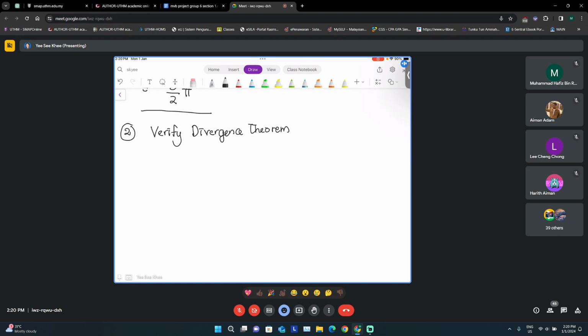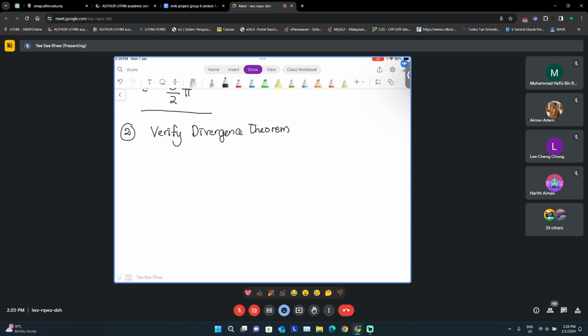Okay, so this divergence theorem is a theorem of formulations for us to calculate the flux coming out from the solid. The difference between this and the surface integral of a vector field is that the divergence theorem focuses on the flux from the solid, whereas the surface integral of the vector field focuses on the flux coming out from the surface.